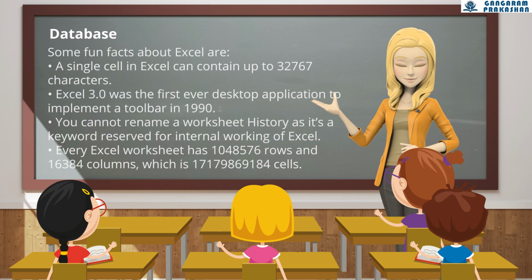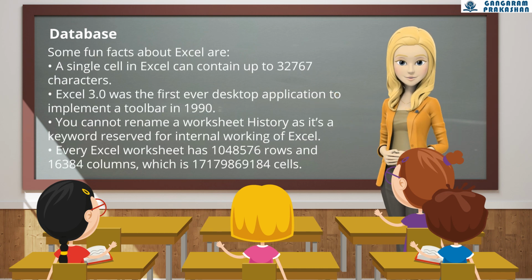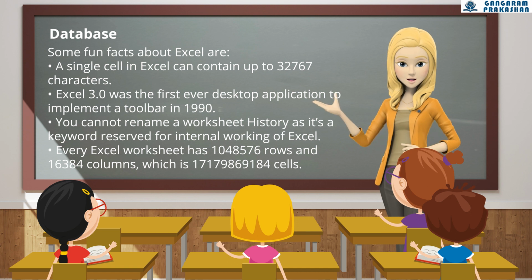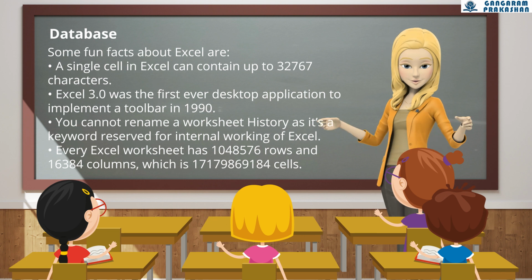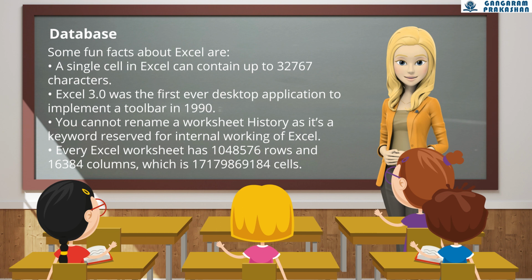Database. Some fun facts about Excel are: A single cell in Excel can contain up to 32,767 characters. Excel 3.0 was the first ever desktop application to implement a toolbar in 1990.